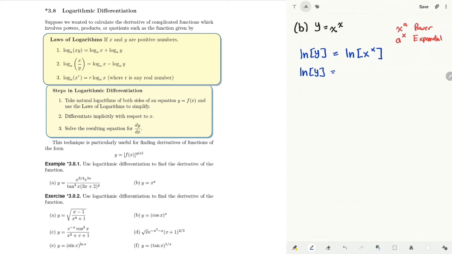So the exponent of x can be multiplied in front. So we have x times the natural log of x on the right-hand side. So now we can use implicit differentiation to find the derivative on both sides of the equation.